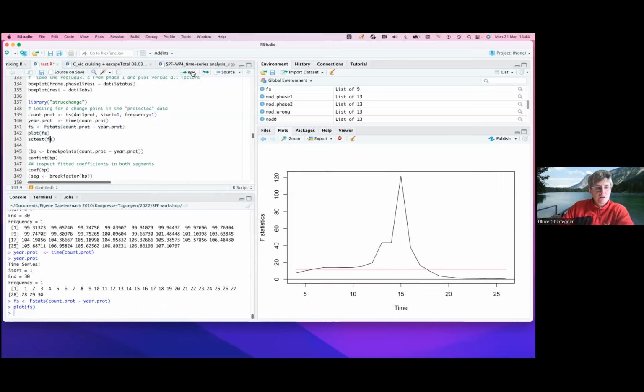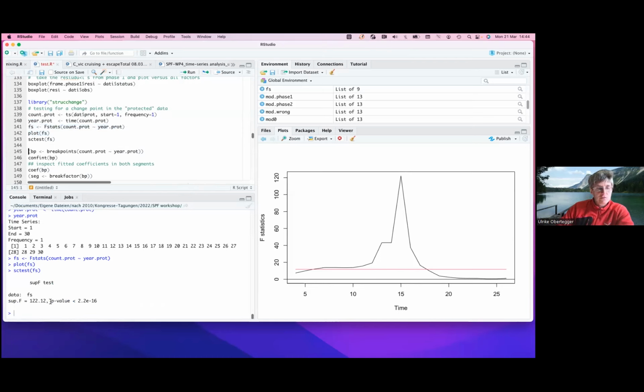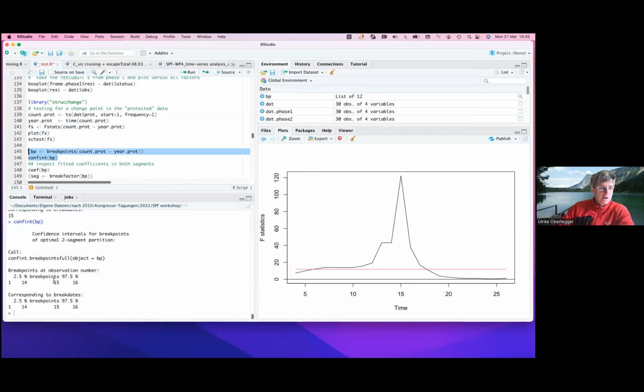We can also then get the p-value for this estimate of the change point. Then, once we know that there is a change point, we have to estimate it and to get also confidence intervals for it. It says that the change point happened around the breakpoint year 15, and it has some confidence interval.